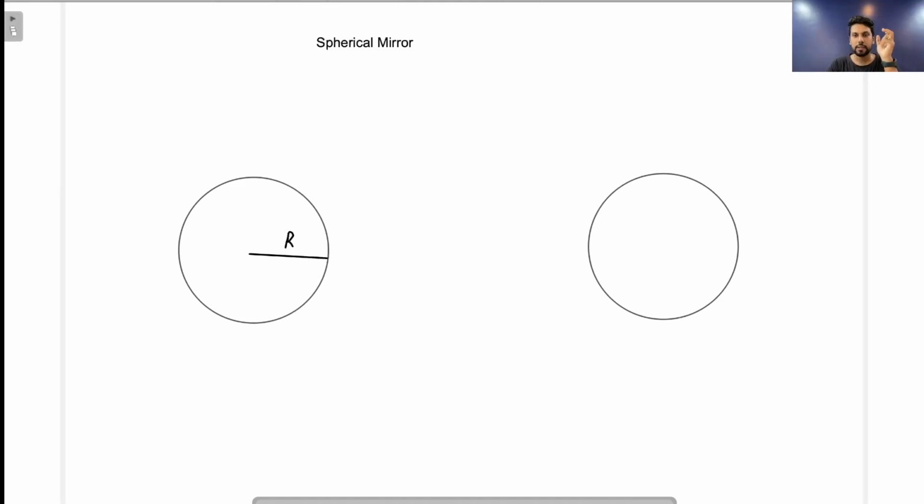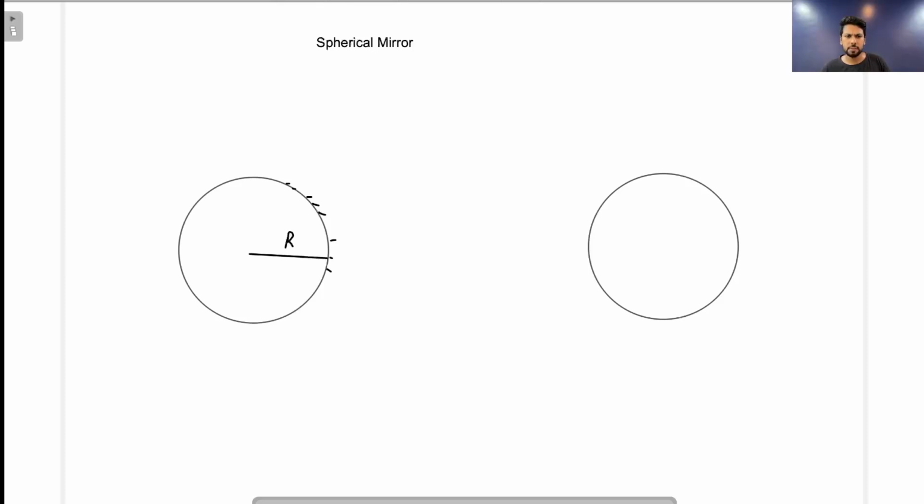It is a sphere, it has a radius r, and for this particular mirror, the inner side is shiny. The inner side is shiny and the outer side is rough.